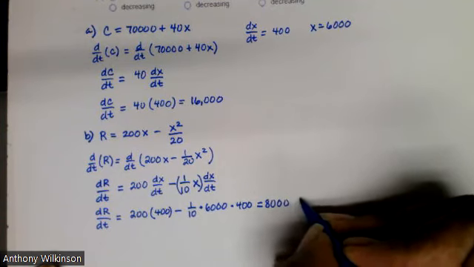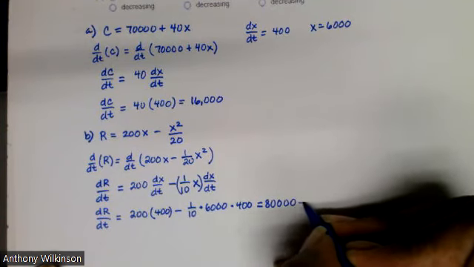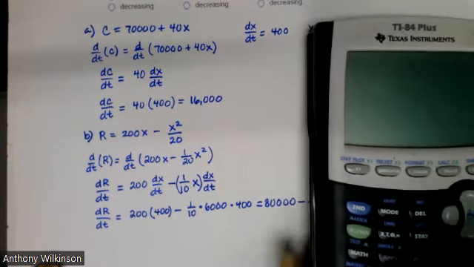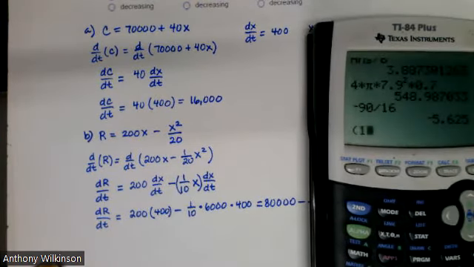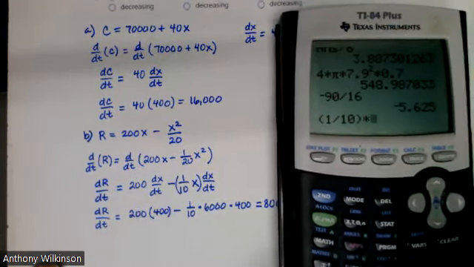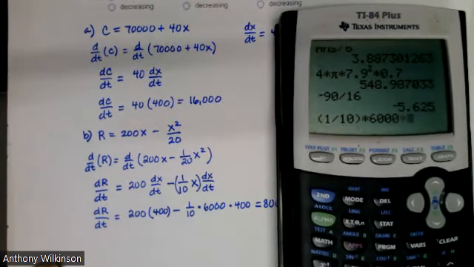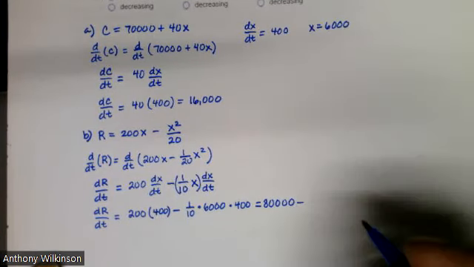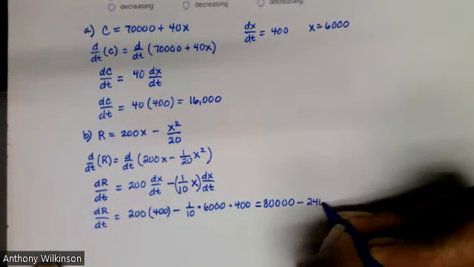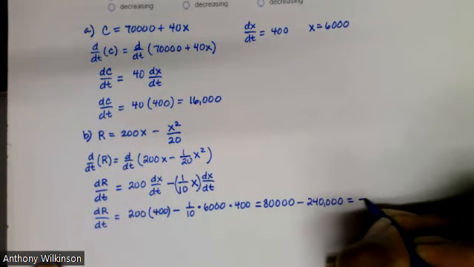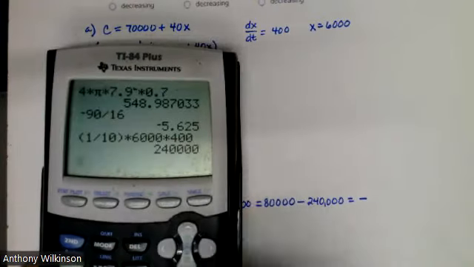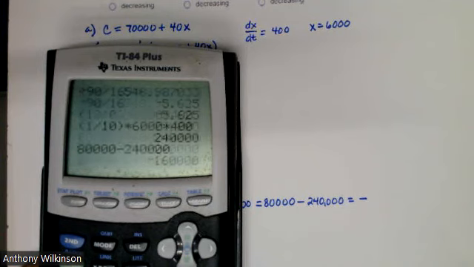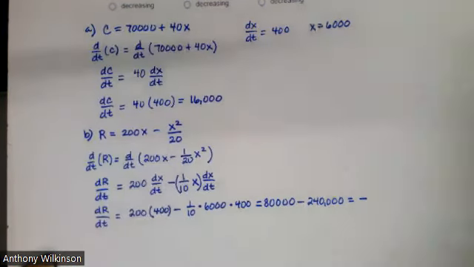That's going to be 80,000 minus 1/10, in parentheses 1 divided by 10, close parentheses, times 6,000 times 400. That'd be 240,000. Now I know this is going to end up being negative, so 80,000 minus 240,000 would be negative 160,000.